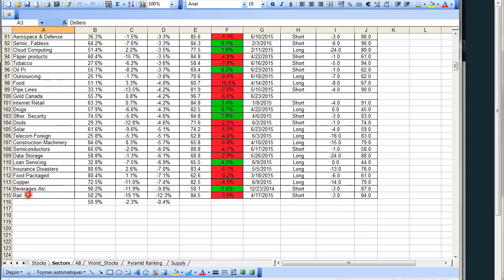For example, the rail. You have really money going out of the railroad stocks, and the price is down. So it means that this sector is crashing basically. If you want to short this sector, you are probably rather late. Another sector that is interesting here is the software security.